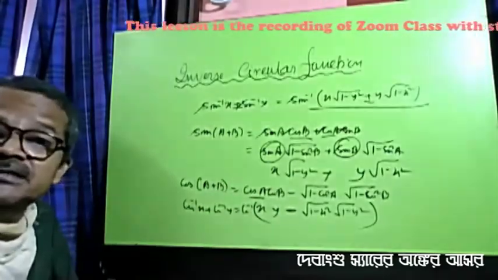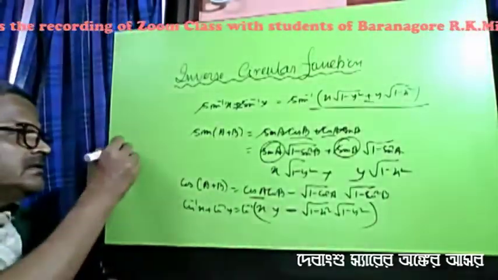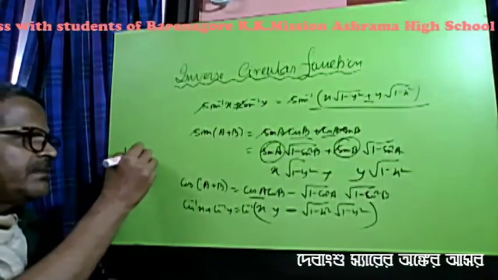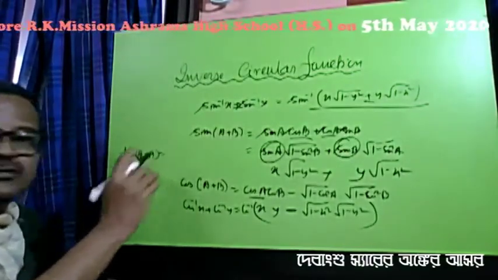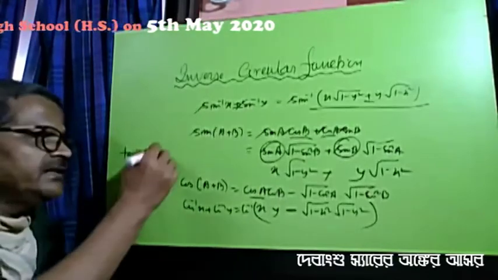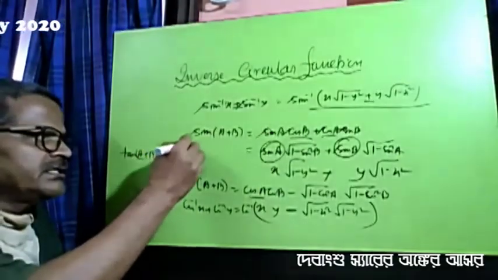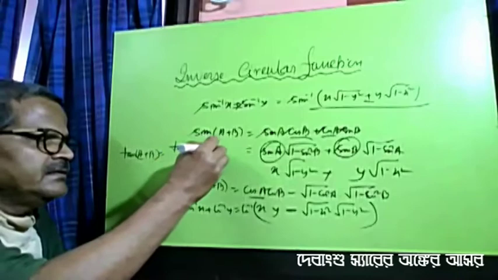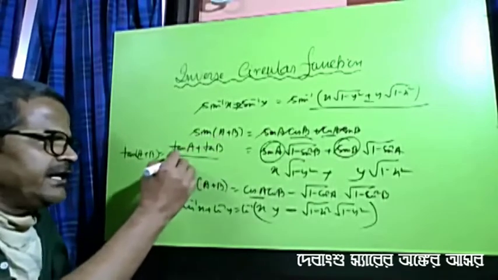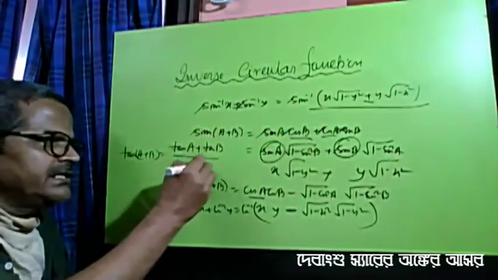What will be tan inverse x plus tan inverse y? So we have to recall tan a plus b. Now see, we don't have to modify anything because it is all represented by tan. All the trigonometric ratios are tan. So tan a plus tan b by 1 minus tan a tan b.